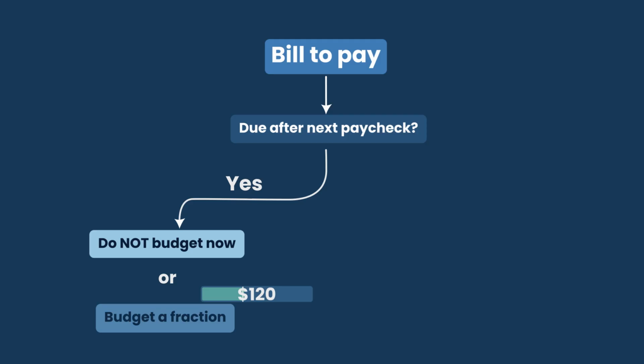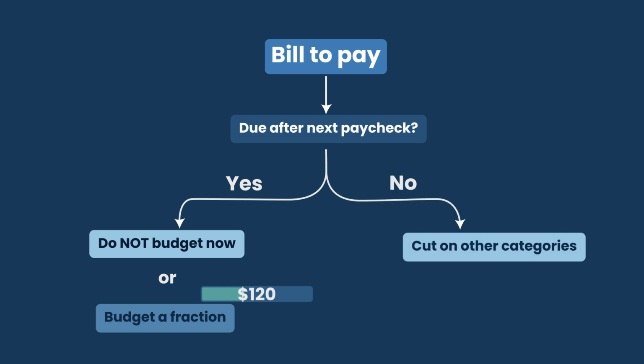This way, you'll secure some money for future payment in advance. If you must pay it before your next paycheck, you'll have to take money from other categories to cover it. That's where budgeting helps. You can adjust your spending ahead of time instead of running into trouble later.